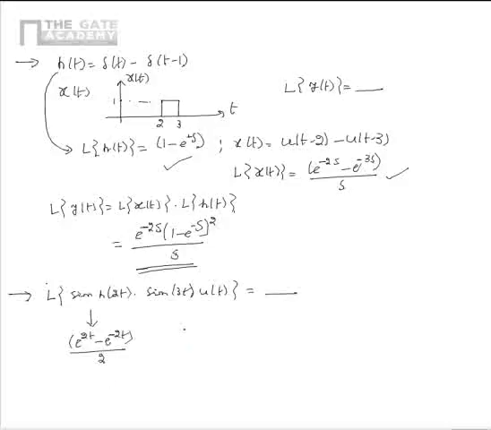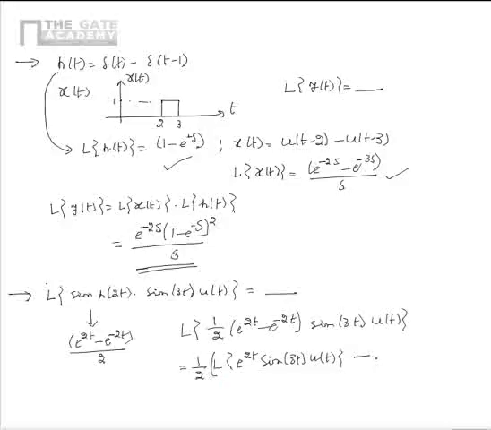From this, the required Laplace transform can be written as Laplace transform of 1 by 2 multiplied by e power 2t minus e power minus 2t multiplied by sine of 3t u of t, which can further be simplified as half multiplied by Laplace transform of e power 2t sine 3t u of t minus Laplace transform of e power minus 2t sine 3t u of t.